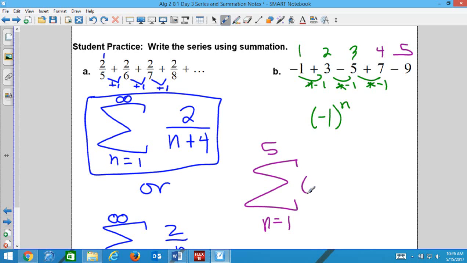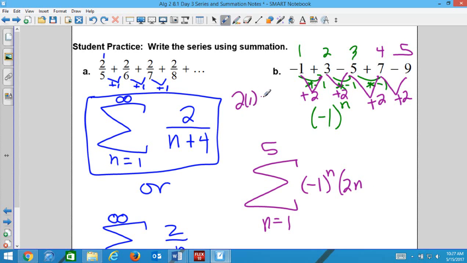So we know that this is -1 to the n, but we don't know the rest of the formula. So we have to look at this. How do I go from 1 to 3? Plus 2. 3 to 5, plus 2. 5 to 7, plus 2. 7 to 9, plus 2. So this is going to be 2n. Is it just 2n? No. How do I plug in 2 times 1 but get out 1?